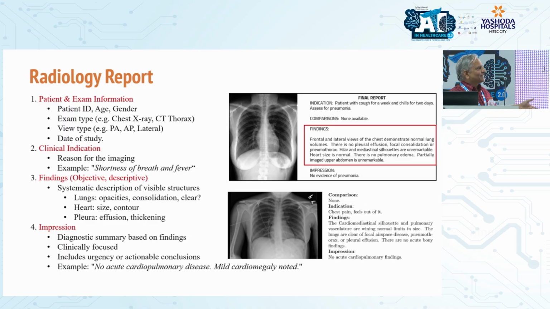It has four major components: patient and exam information, clinical indications, which is why this investigation was called for, findings, which is the descriptive and objective information, and the clinical implication of what is seen. A structured report like this is on the right-hand side, where some examples are shown.